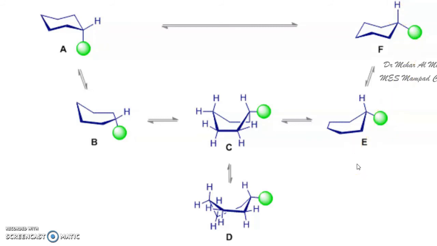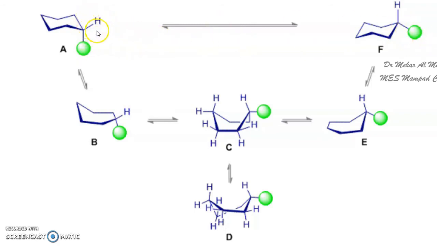At the same time, we had mentioned alpha bond and beta bond. Those bonds which are pointing above the plane are called beta bonds, and those which are pointing below the plane are called alpha bonds. Now you see here, this axial bond on chair A becomes an equatorial bond on chair F, but it is still alpha. It is still alpha, it is pointing below the plane.